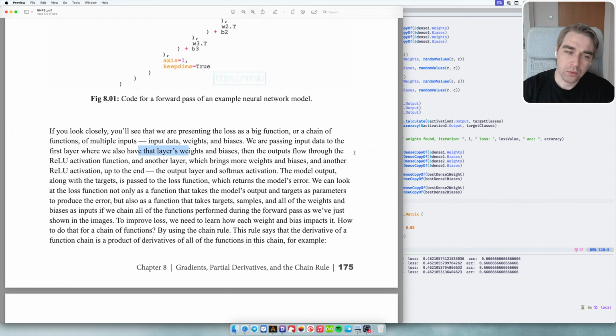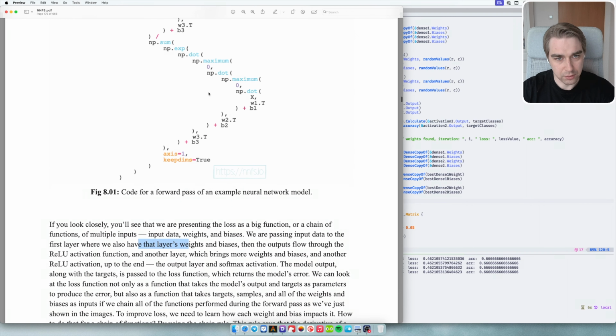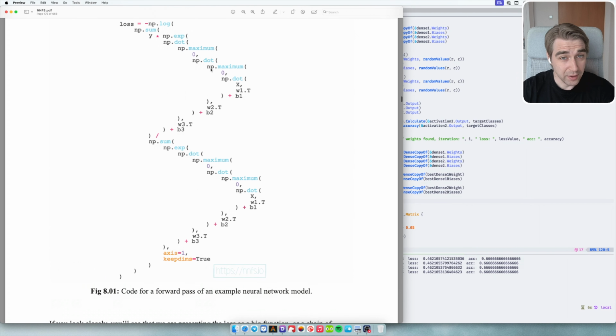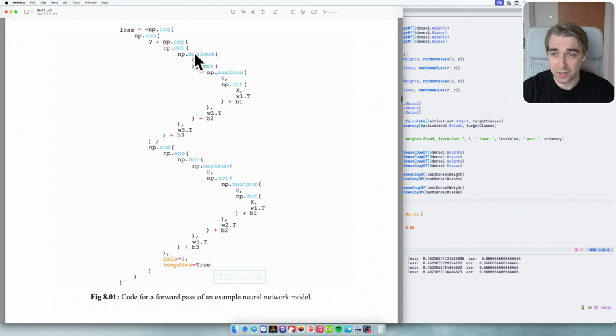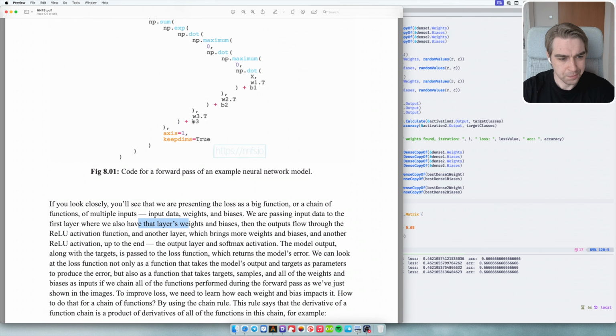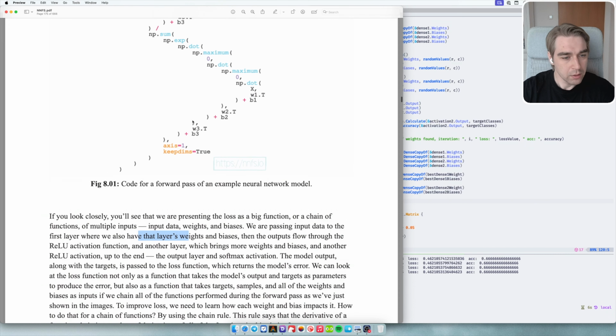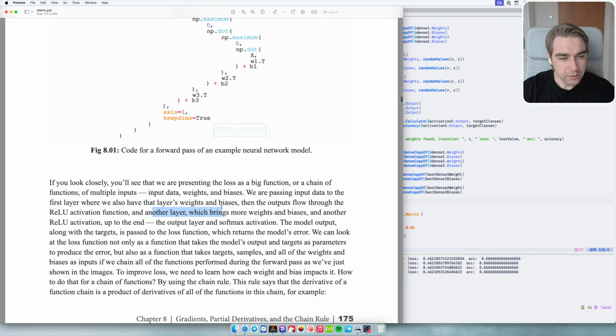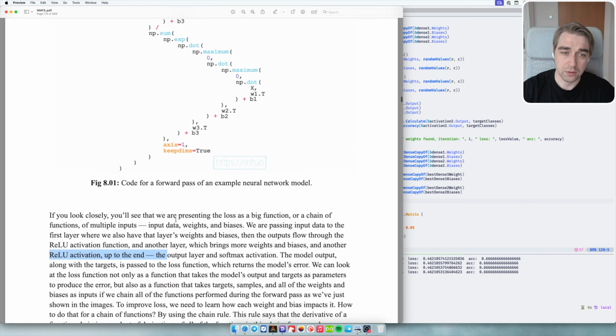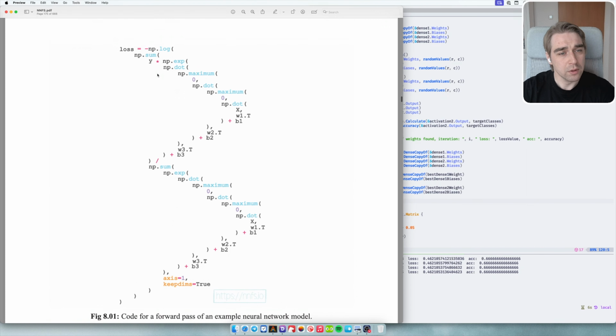Then the output flows through the ReLU activation function and another layer. ReLU activation in this case takes the maximum value between 0 and the result. Then another layer, which brings more weights and biases, and another ReLU activation, up to the output layer and the softmax activation.